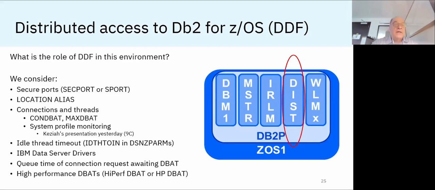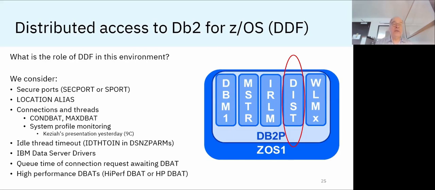How are they managing connections and threads, right? How close are they getting to the limit of connections, CONDBAT, or the limit of threads, MAXDBAT? And are they using system profile monitoring? Yesterday, our teammate Keziah presented on system profile monitoring. It was session 9C. In case you missed that, I would recommend you take a look at that.